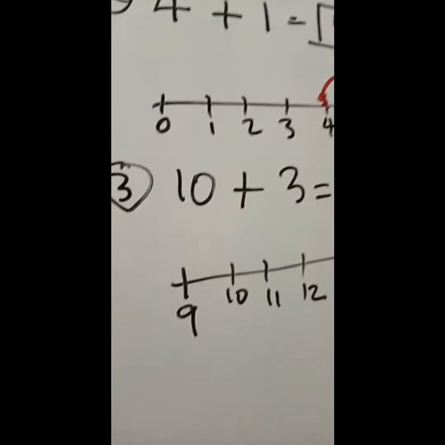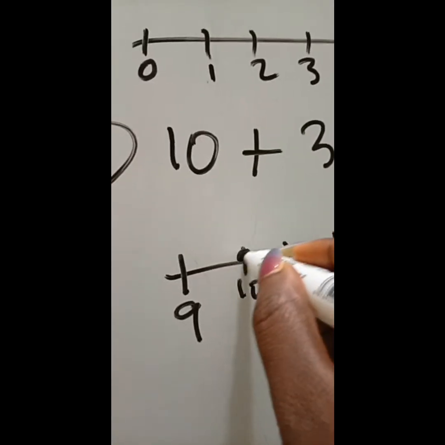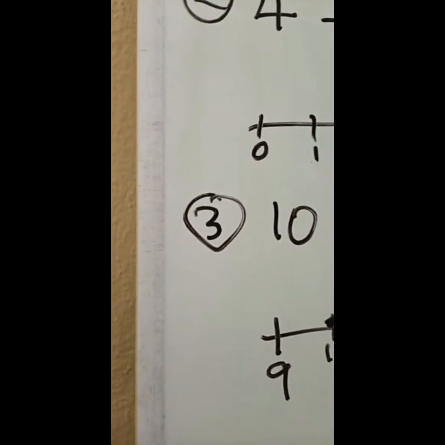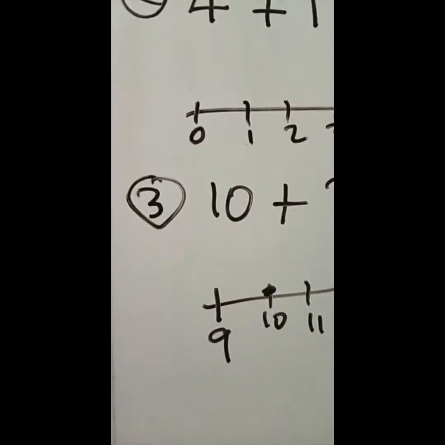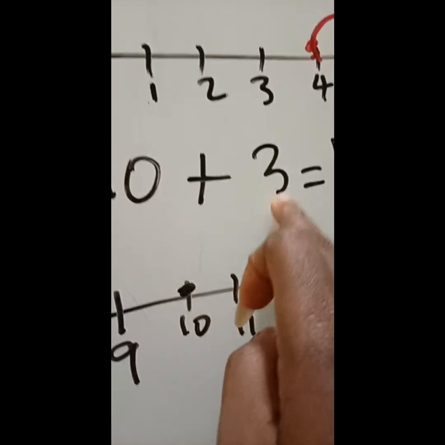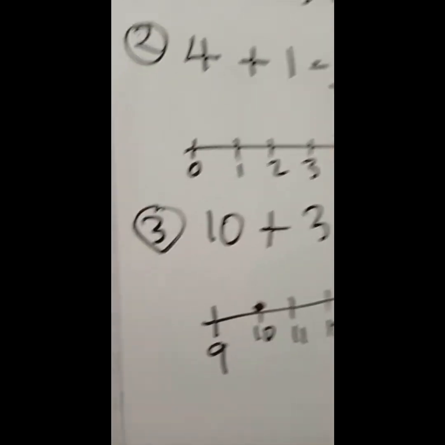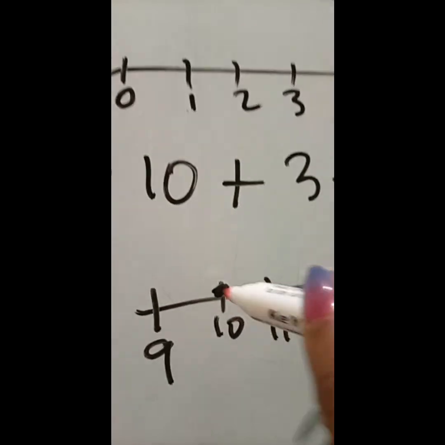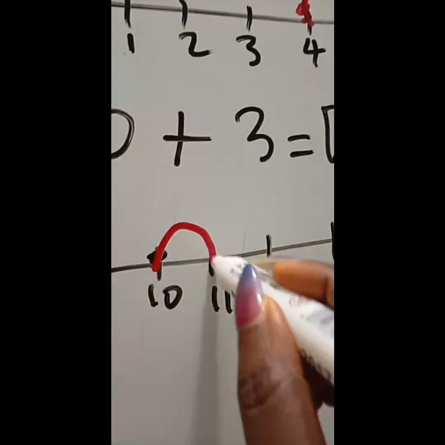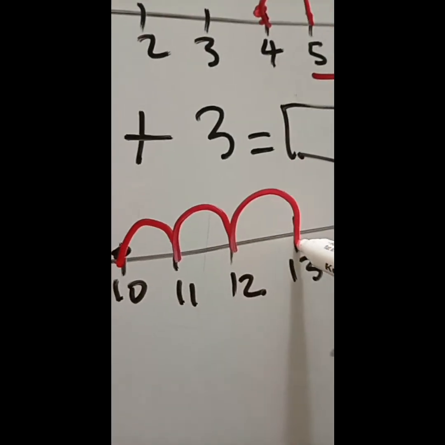So this is our number 10. You put a dot on it before you start your jump. And the frog did how many jumps? 3 jumps. So you start from 10 and count 1, 2, 3.